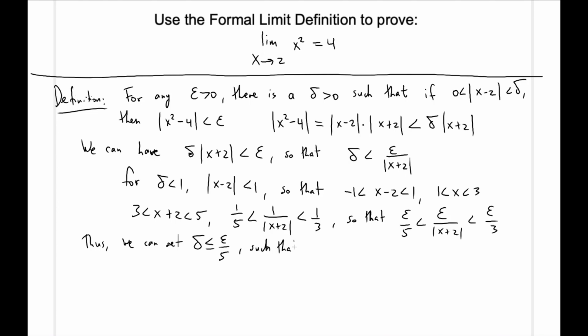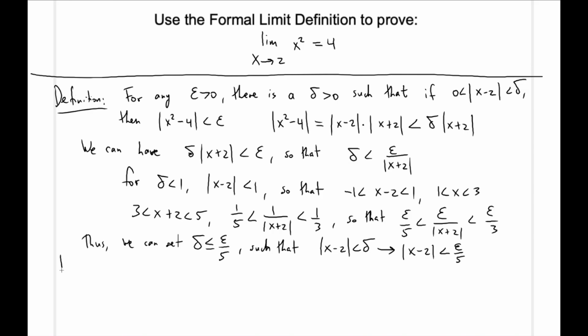Such that the absolute value of x minus 2 is less than delta, we can just set that the absolute value of x minus 2 is less than epsilon over 5, since we already found delta in terms of epsilon. Okay, so that's great.